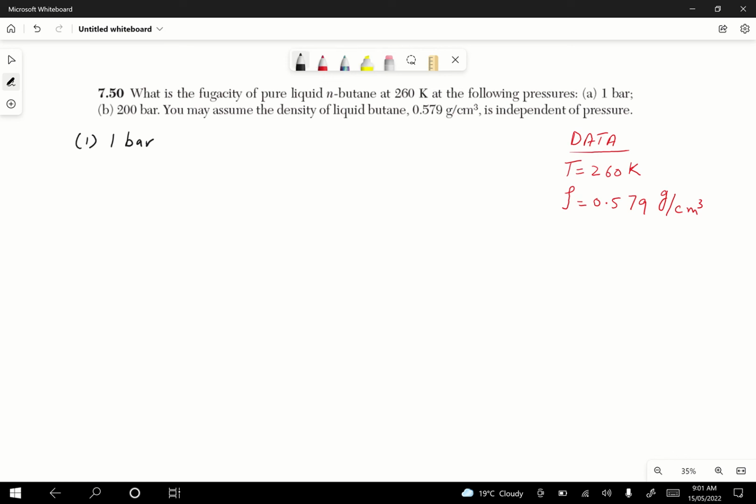So the formula for calculating fugacity of liquid is: fugacity of liquid is equal to fugacity coefficient at saturation pressure, times saturation pressure, times exponent of the integral from saturation pressure to the given pressure of specific volume over universal gas constant R times temperature T, dP.